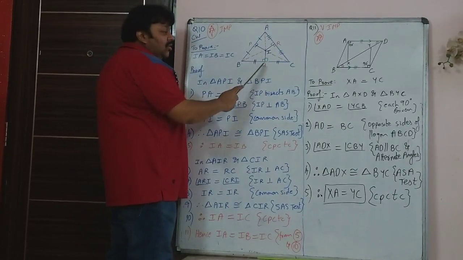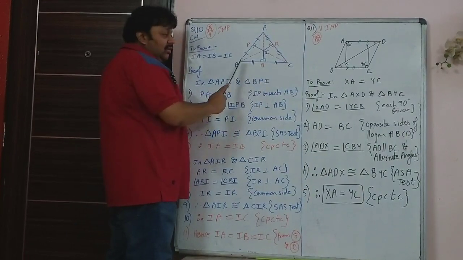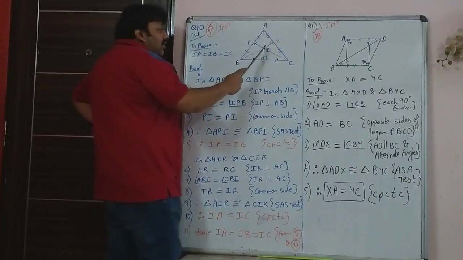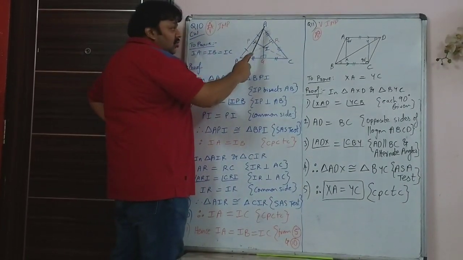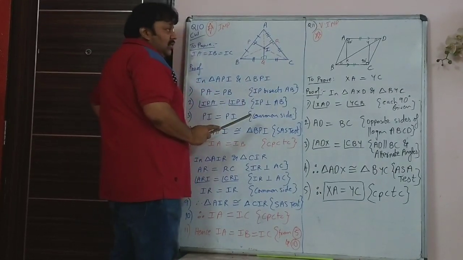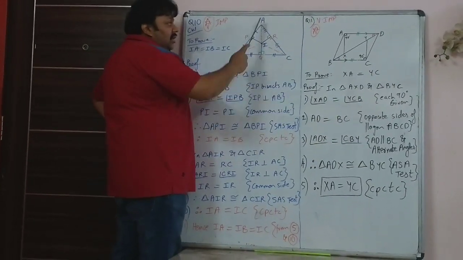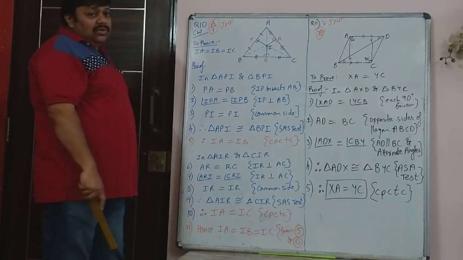And IQ bisects BC, so BQ is equal to QC. Same way, IR is perpendicular to AC, so those two angles IRA and IRC are equal. And IR is bisector of AC, so AR is equal to RC. So that is what is given.